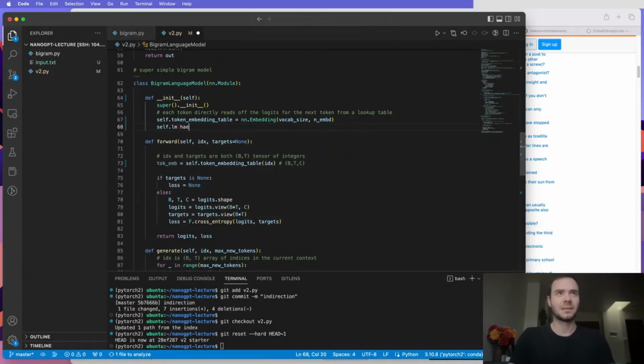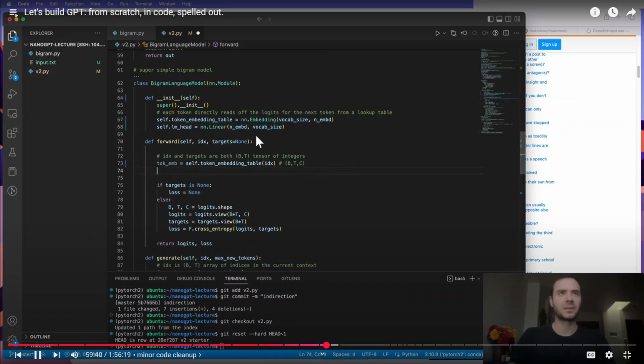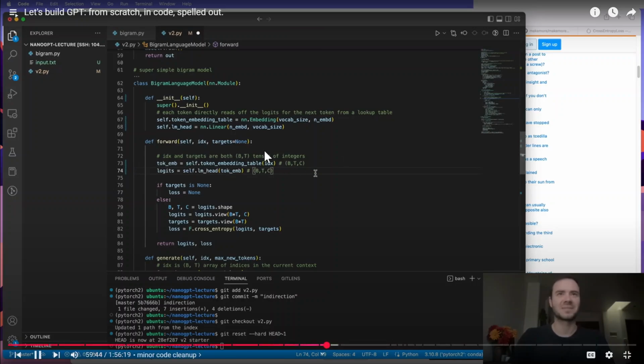So self.lm_head, let's call it, short for language modeling head, is nn.Linear from nembed up to vocab size. And then when we swing over here, we're actually going to get the logits by exactly what the Copilot says.